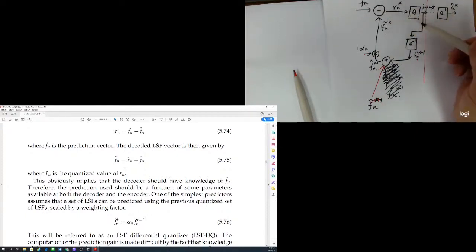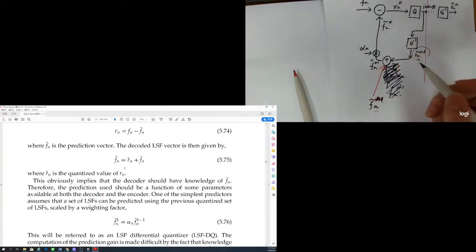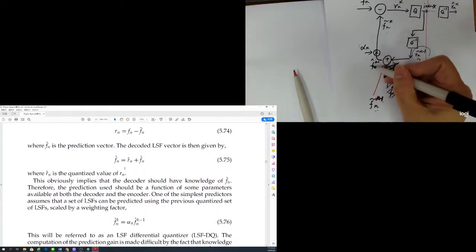So before that, this one is current, and this one will be the previous one. This one is the previous decoding we get, and because this one is from your residue, you sum the previous decoder output k minus 1 with this one, sum them together, and it becomes the decoder output.